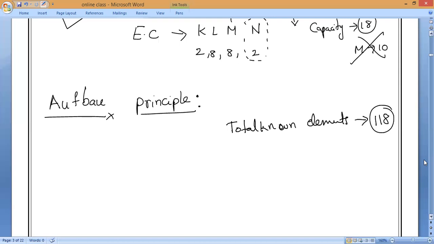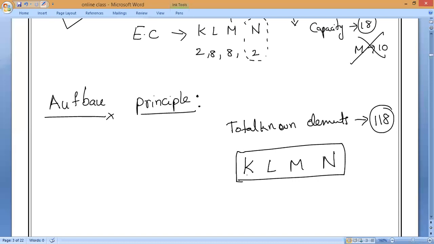For all 118 elements, we can finish the electronic configuration with only K, L, M and N shells. More than this is not required. So within these four shells, we can arrange all the electrons. So that is what we will do with the Aufbau principle.